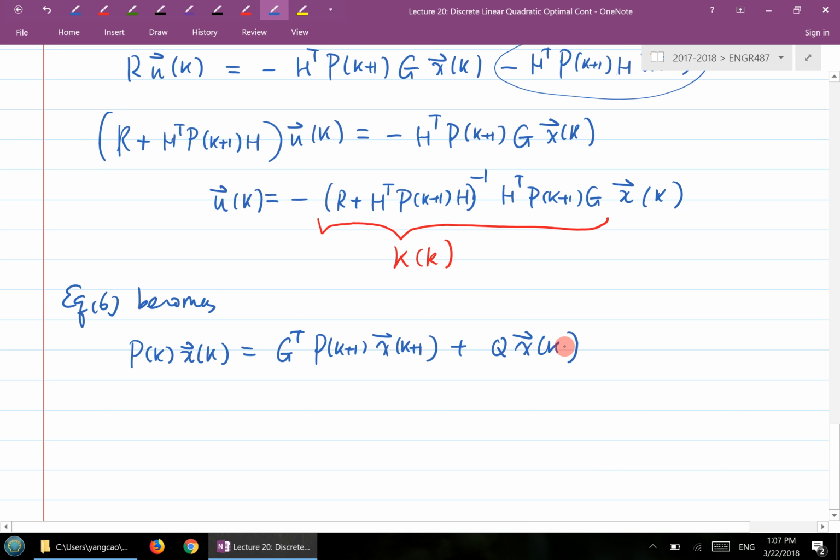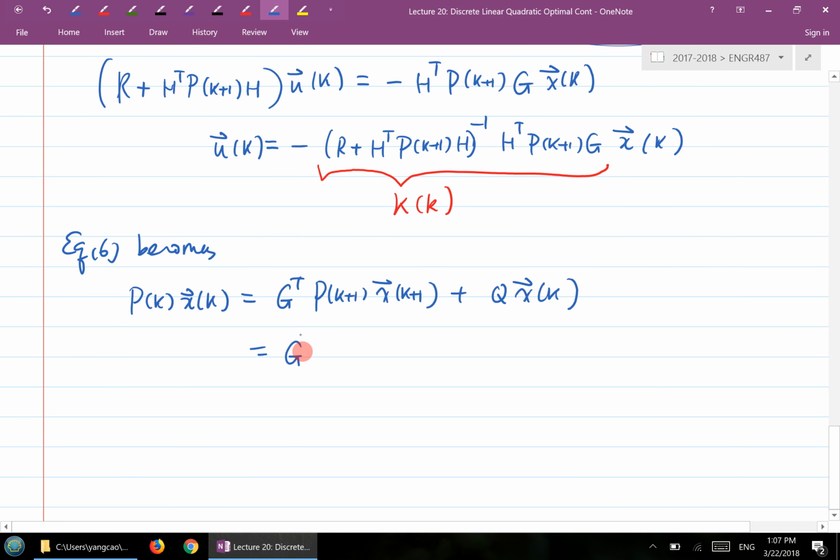That's what equation 6 will become if we apply the sweep method assumption. At the same time, we will do the same thing: this x of k plus 1 is basically your g x of k plus h u of k. And then plus q x of k. Does that make sense?